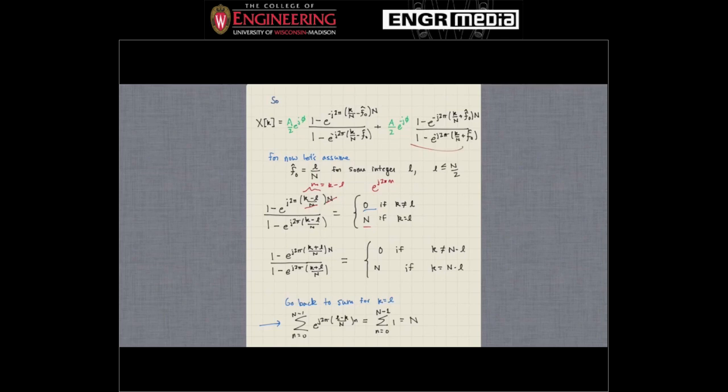And when we do that, we see essentially the same thing, and I won't walk through this one in as much detail, but when k is equal to capital N minus L, then we get a value of N. If k is not equal to N minus L, then we just get a value of 0. So it's a lot like the Fourier series. And what we're saying when we bring this all together is the following.